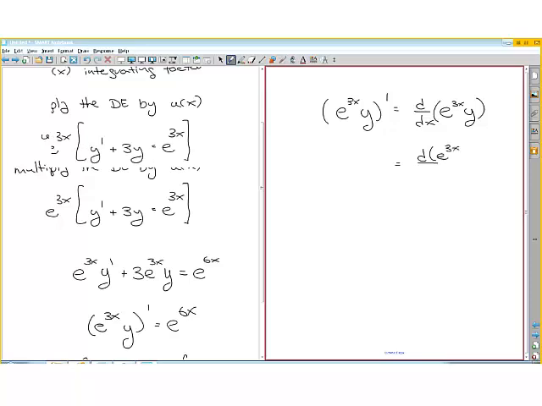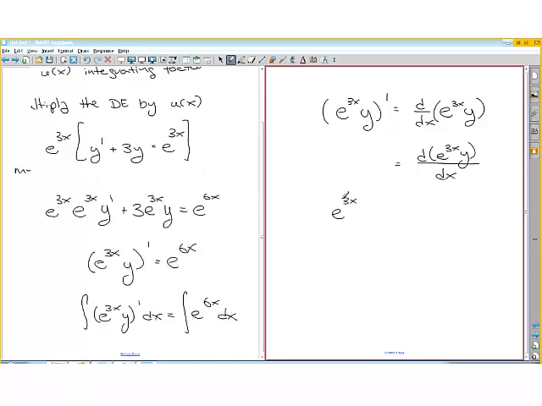Okay, when we integrate this, we just end up with that product. So this left-hand side integral becomes e to the 3x y. The right-hand side, well, the integral of this e to the 6x, let's just do that separately. So what I'm going to do is move this down, leave a little room to do this part here.